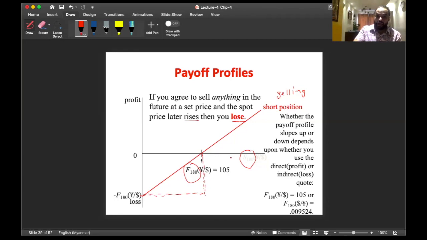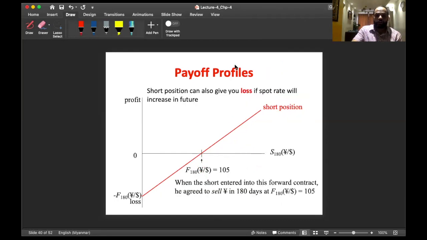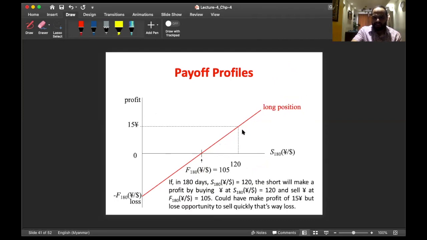So if the forward is 30 days, you compare the forward with the spot price of the currency on the 30th day, and then you will find the profit or loss. So this is the short position, the selling position. Same thing, the spot price rises or falls. So let's move on to the next. Okay, it's the same thing, profit.